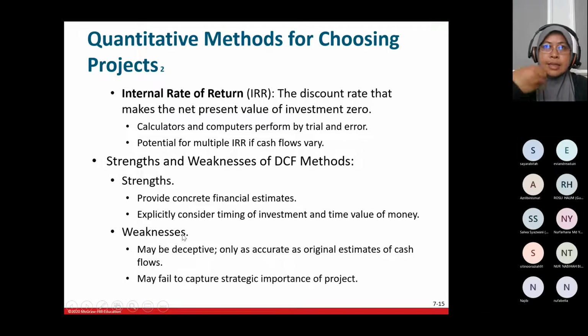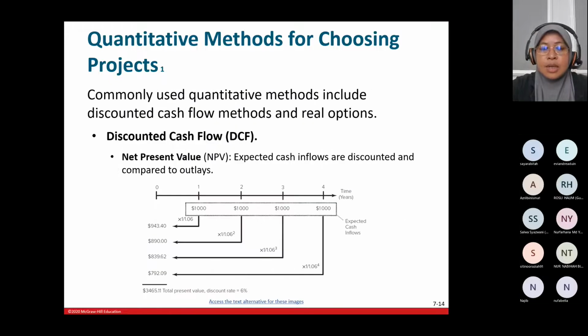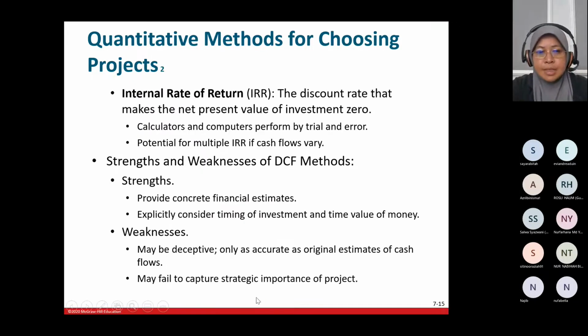But once the company wants to go for DCF, there are a lot of things they have to consider. That's why the majority of companies faced difficulties during the pandemic if they were using this, because it does not take into consideration the environmental factors that may affect the innovation project. Weakness: it may be deceptive.